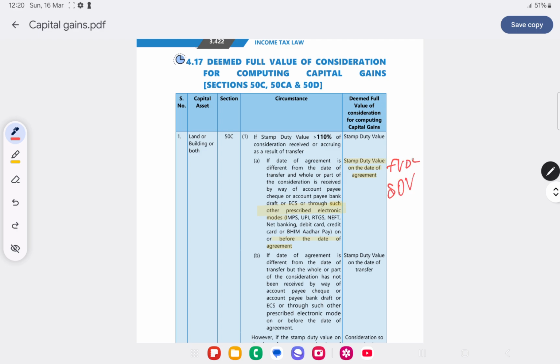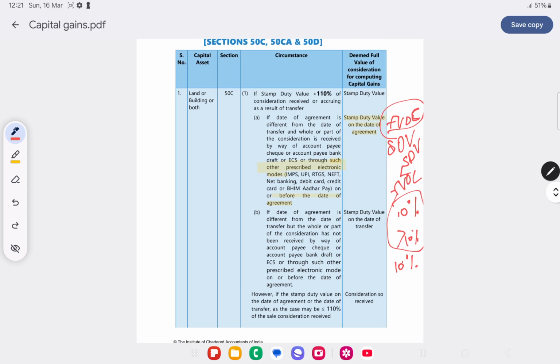If our full value of consideration is less than the stamp duty value, and it is less by only up to 10%, so the fluctuation is only within 10%, then we can take the full value of consideration itself. If the fluctuation is more than 10%, then we need to see whichever is higher.